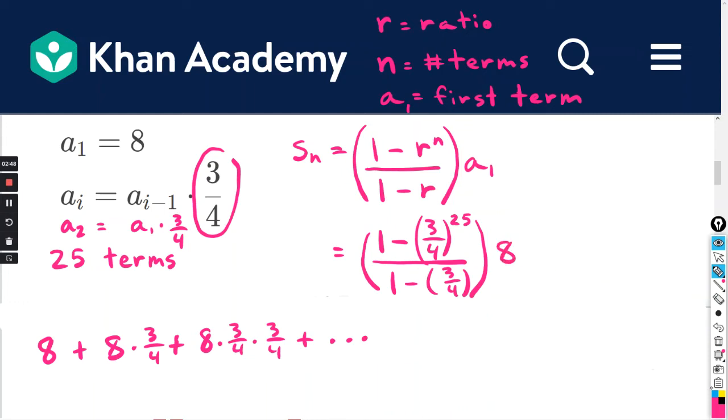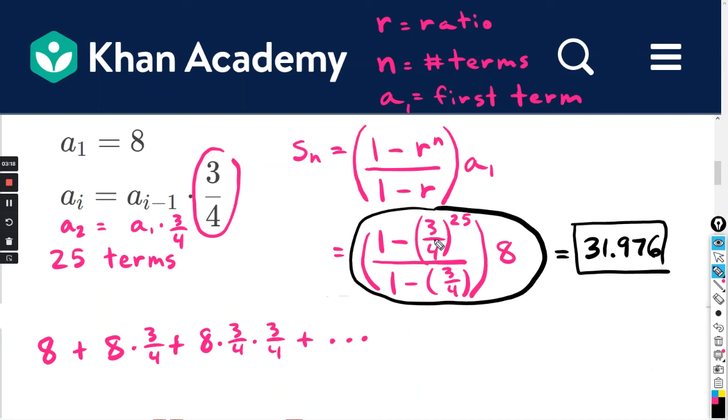Really, we just need to do this on the calculator. So I'm going to do 1 minus parentheses 3/4 to the 25th, hit equals, divided by parentheses 1 minus 3/4, hit equals, and then take that answer and multiply it by 8.